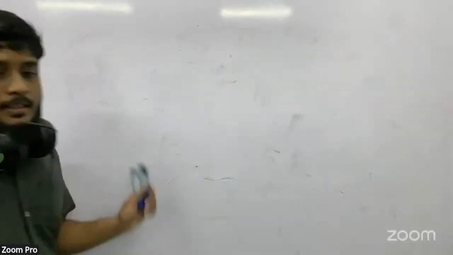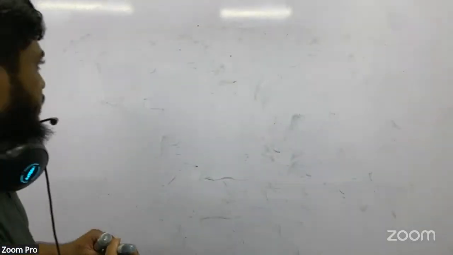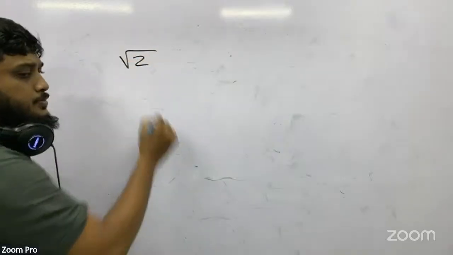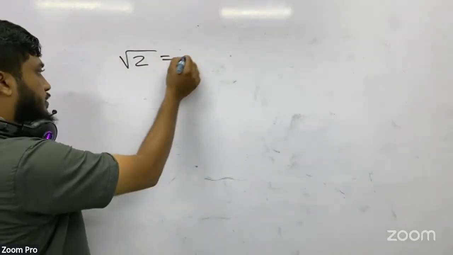Tell me. For square root 2, it is 2 to the power 1 over 2.